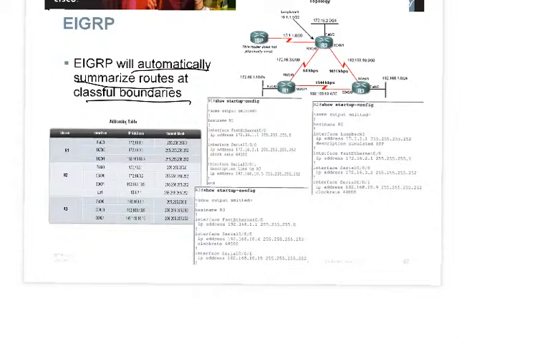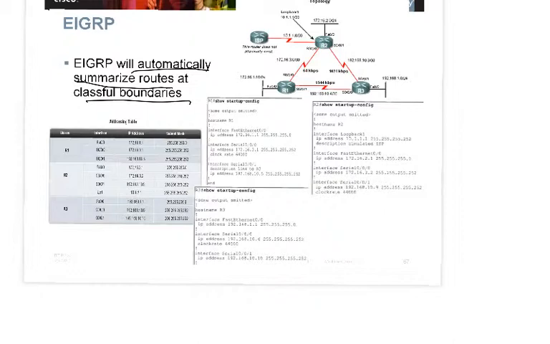If you remember, the major disadvantage of auto-summarization is that it does not support discontiguous networks.